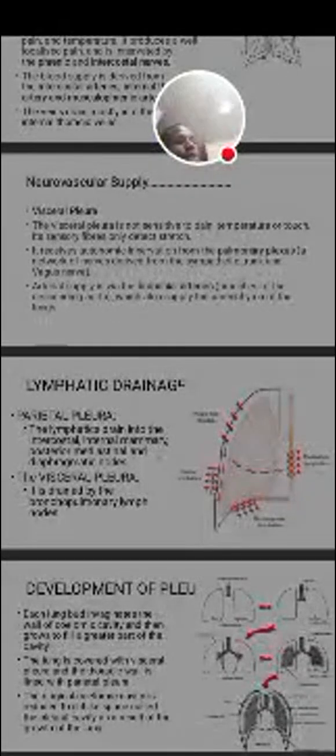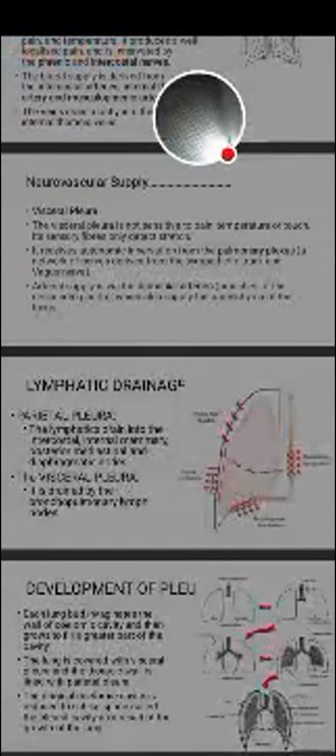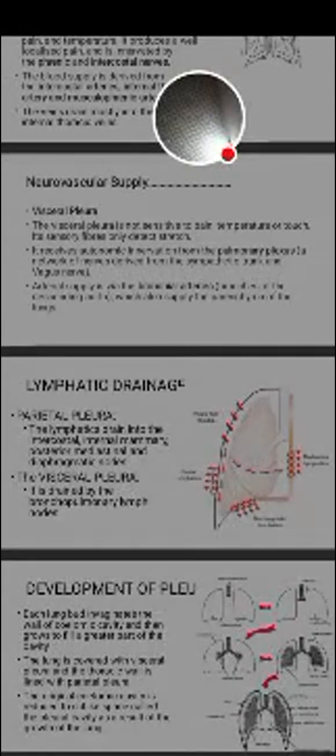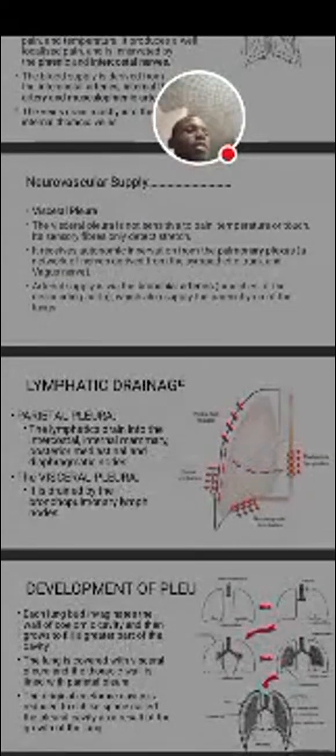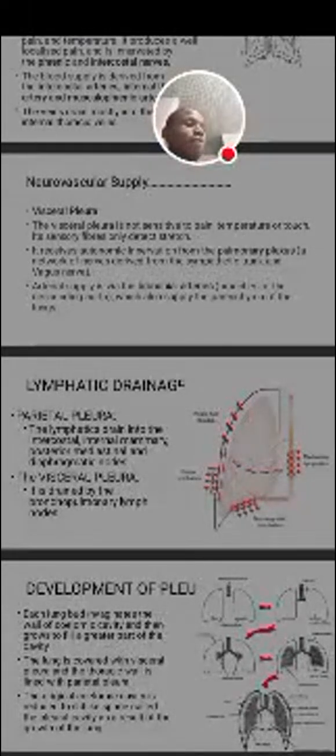So most importantly, the blood supply for the pleura. Talk about blood supply for parietal. Blood supply for parietal, what do you have? The internal intercostal artery, the internal thoracic artery.